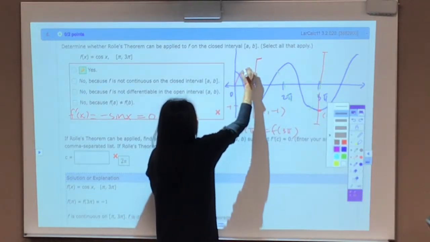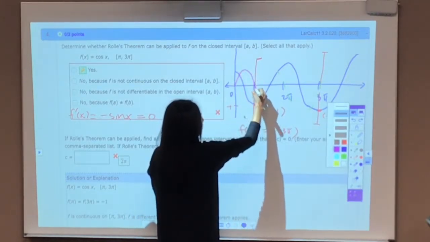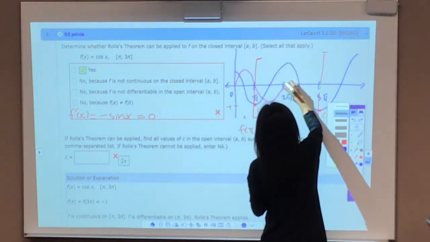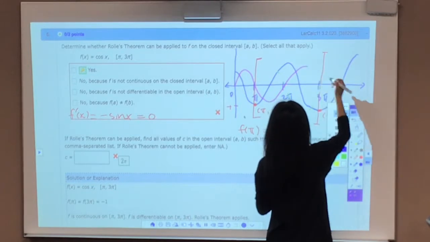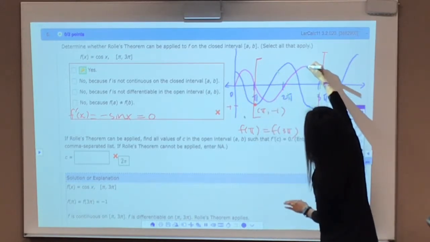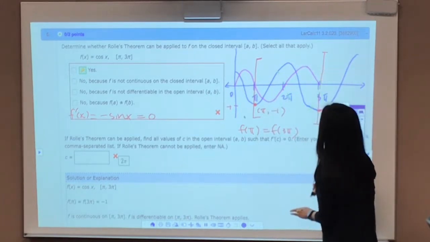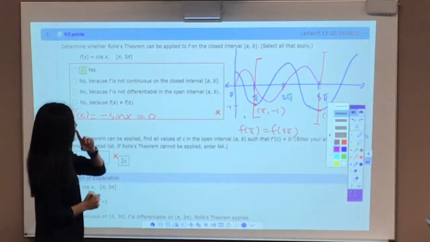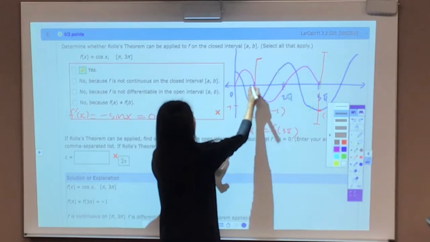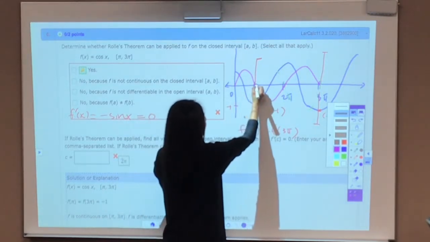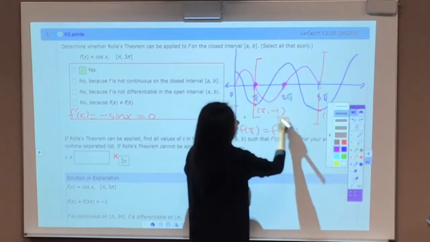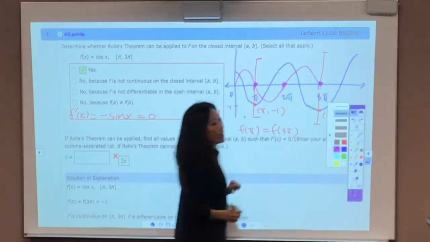So I go up and come down. Okay, this is my graph for the sine. So what I need is what? When sine is 0, which is where? Pi, and then what? 2 pi, and then what? 3 pi.